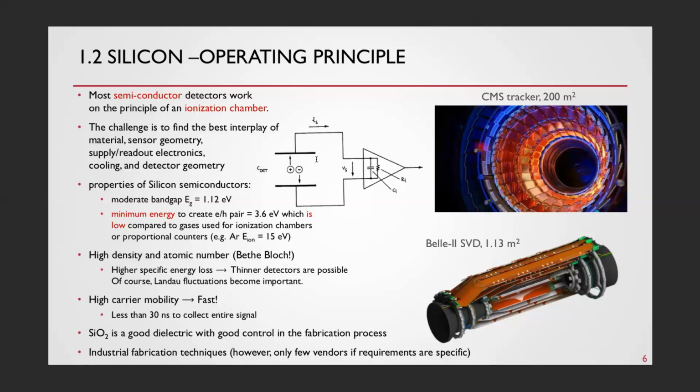Moreover, in gaseous detectors, when we create an electron-ion pair, the electron moves fast and the ion moves slow. In semiconductors, we create an electron-hole pair. We lift one electron from the valence to the conduction band, and the hole and the electron have similar dynamical properties.